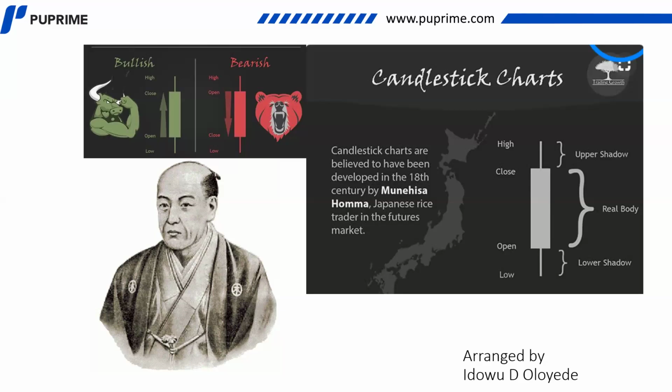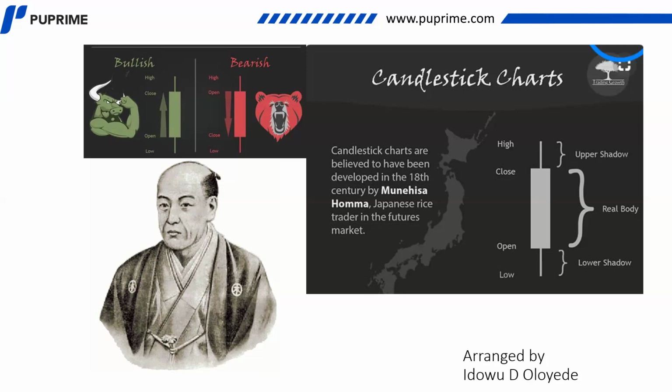Candlestick charts are believed to have been developed in the 18th century by Munehisa Homma, a Japanese rice trader in the futures market. So it means that trading has been in existence since the 18th century. Mr. Homma was one of the richest men in Japan then, and he had access to rice futures and all that.